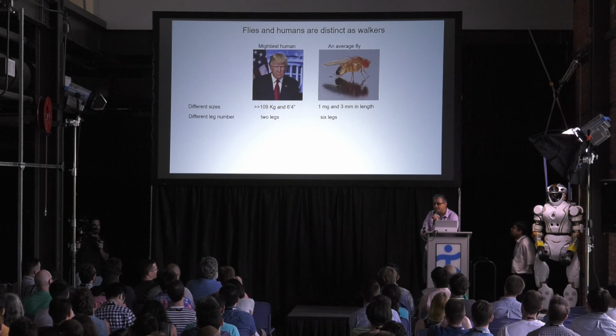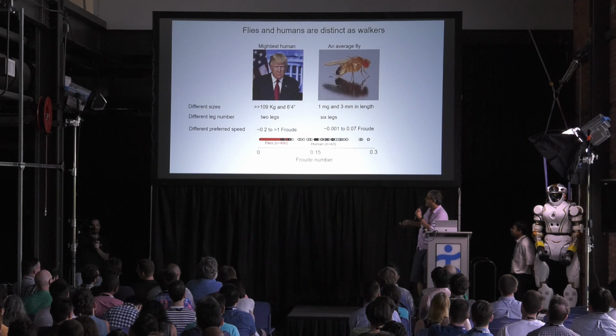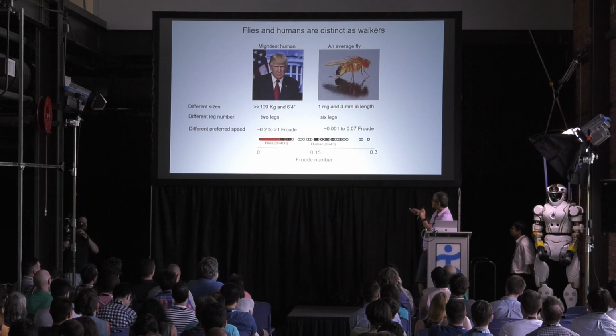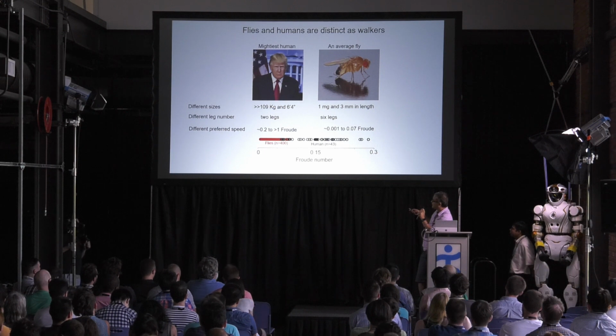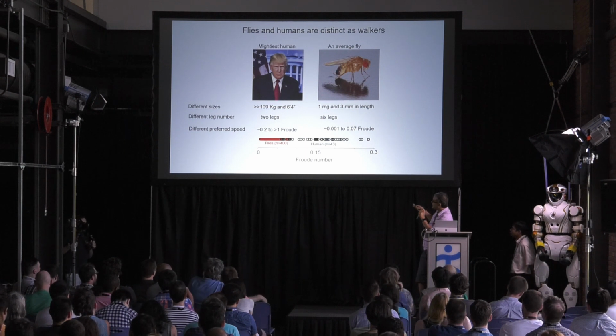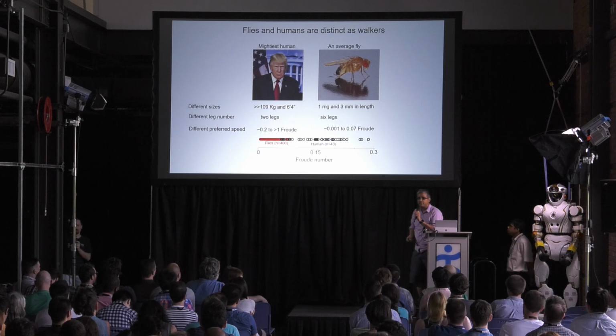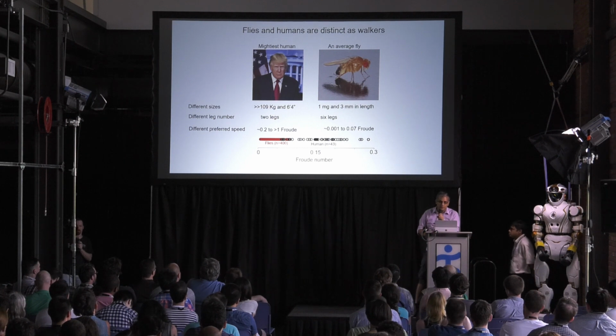The more important difference is that they walk at very different walking speeds. Each dot here is a single step. These are our data, but it's generalizable across other people's datasets. Flies limit themselves to very, very low Froude numbers, and humans use slightly larger Froude numbers, and together they allow us to scan the entire range over which animals generally use walking.